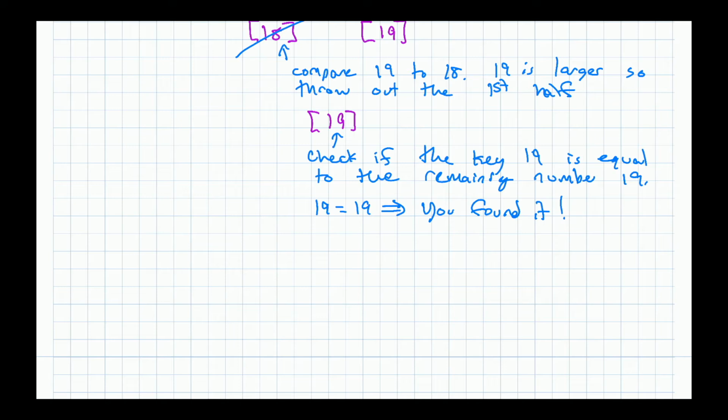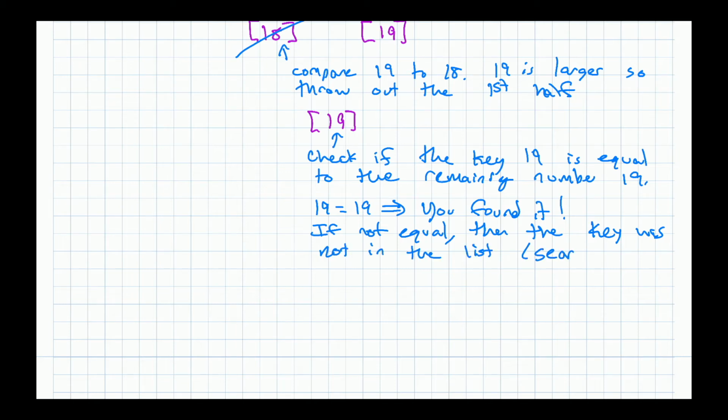Right, so the search was successful. If they were not equal, then you failed and the 19 was not in here at all. Then the key was not in the list, and so your search failed. Okay, so this one did not fail because we found the 19.